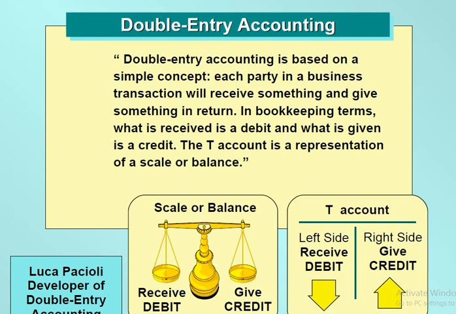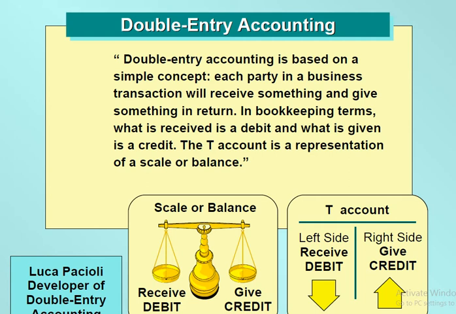The T account is represented. The T account representation of a scale or balance can be seen in the slides. The scale of balance: receive debit and give credit. Left side receive debit, right side give credit.